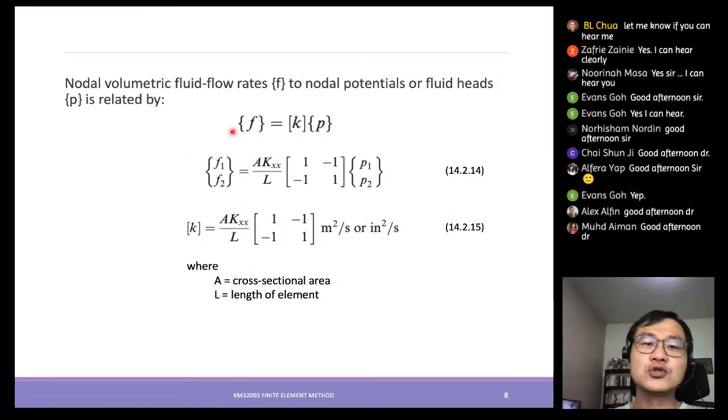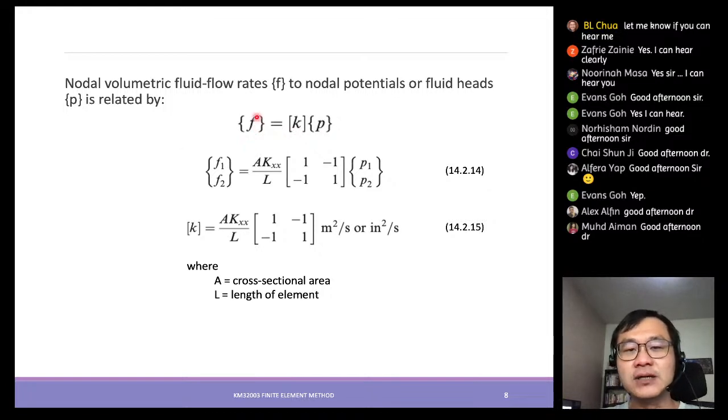Same thing, if you intend to find the nodal potential or the fluid head, remember the fluid head is not the normal head. It represents the pressure, the potential itself, at any particular arbitrary point of the fluid. So you can use these equations.